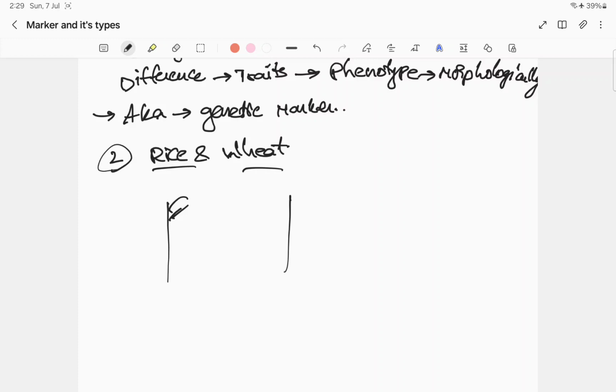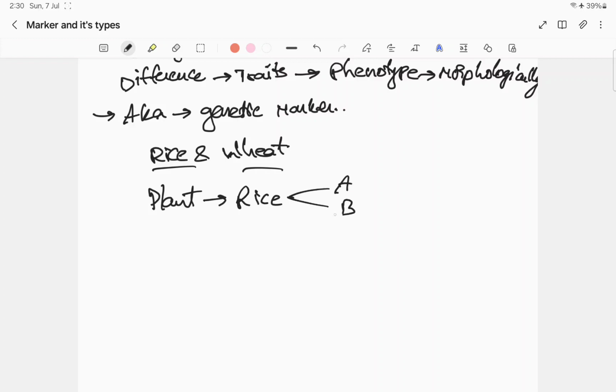In the same way, here we are using morphologically, that's why it's said to be a morphological marker. If they give the same plant, for example a rice plant of two varieties, variety A and variety B, you can say the difference very easily morphologically, right?